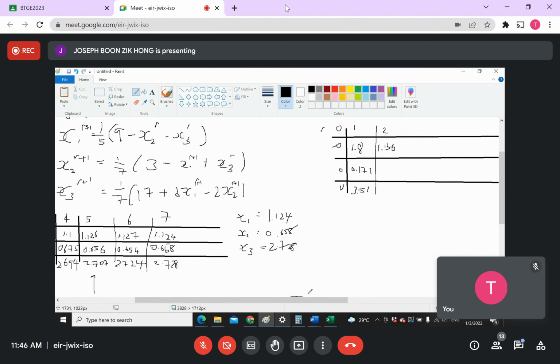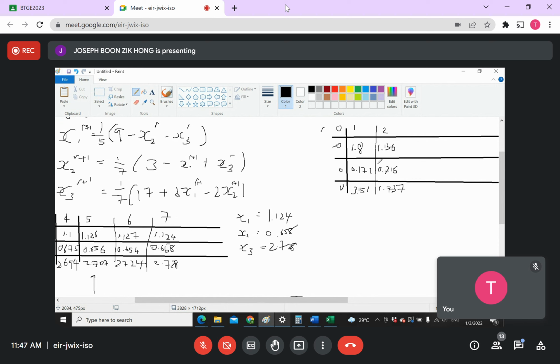And then 3 minus 1.136 plus 3.151 divided by 7, so 0.716. 17 minus 3 times 1.136 minus 2 times 0.716 divided by 7, 1.737.